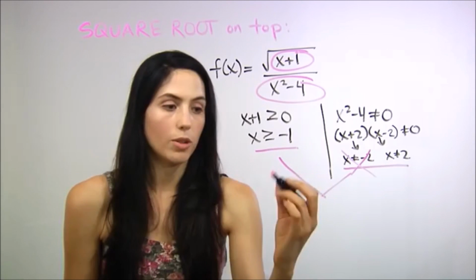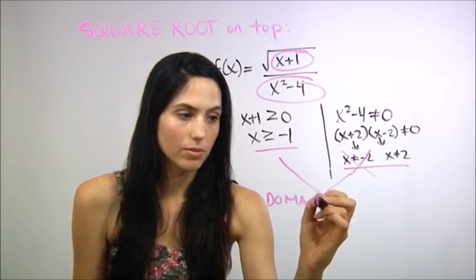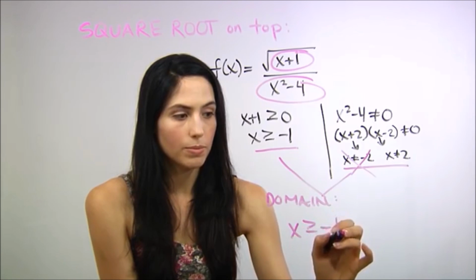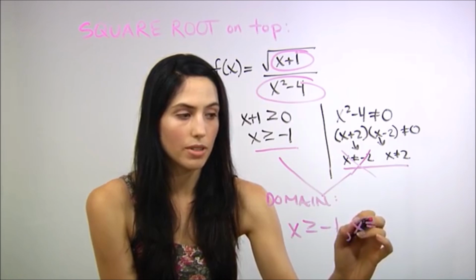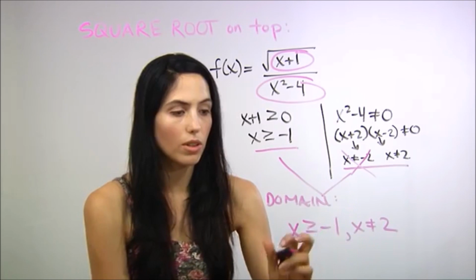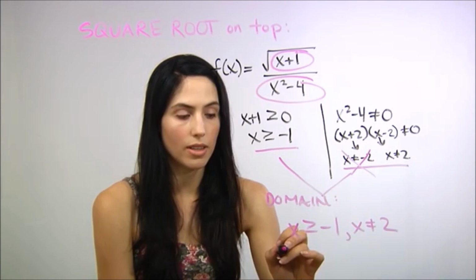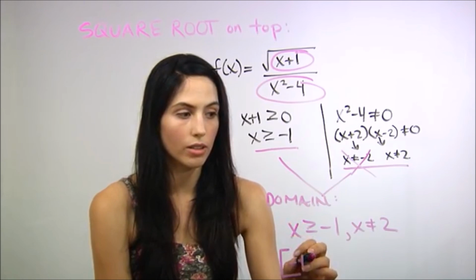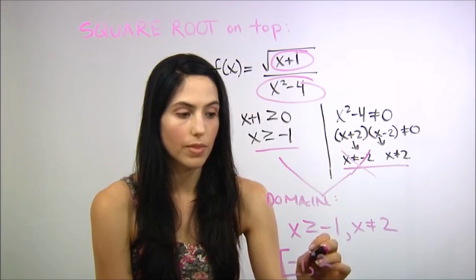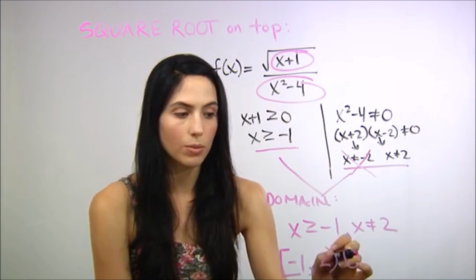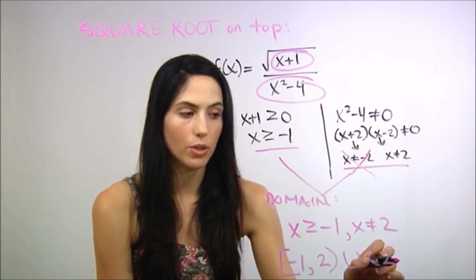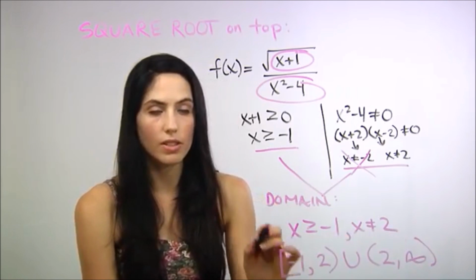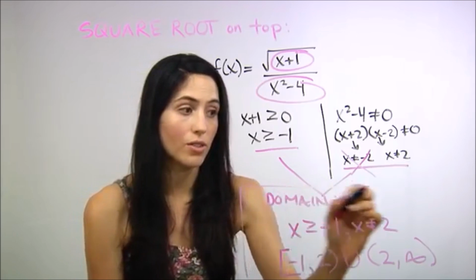All you need to write for your domain, x greater than or equal to -1, except it cannot be 2, positive 2. And in interval notation, that would be that you can have everything from -1, including -1, up to 2, but not including 2. And then everything from 2, not including 2, up to infinity. So either of these notations is fine, and that's your answer for the domain.